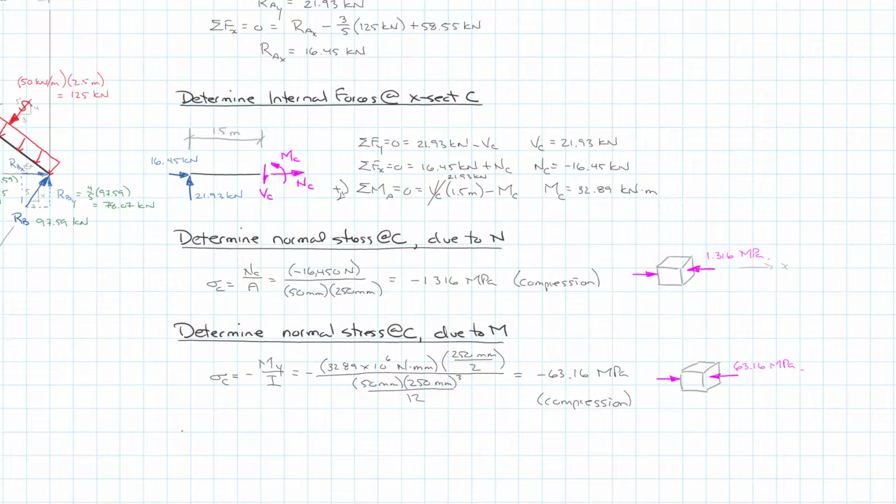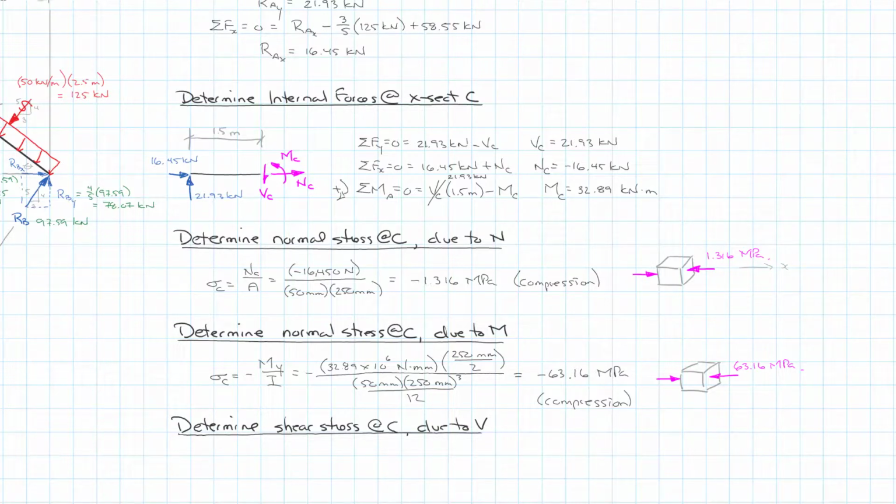So the last thing we need to consider is determine shear stress at C due to V. Of course, that's transverse shear due to bending. And you will recall that that's related to Q. And in this case, we are at the extreme fiber on the top of the beam.